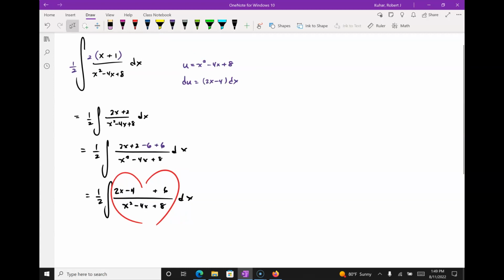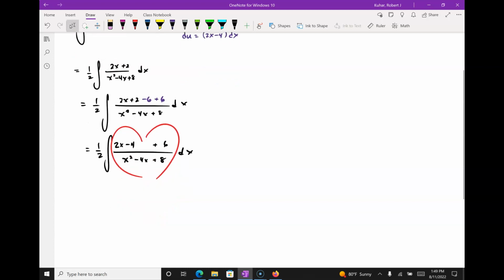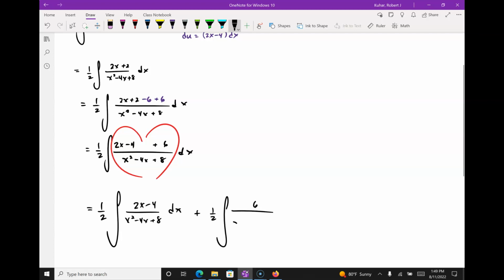So I have 1/2 of the integral of 2x minus 4 over x squared minus 4x plus 8 dx. Okay, that's going to turn into a 1 over u du. And then I have a 1/2 of the integral of 6 over x squared minus 4x plus 8 dx.